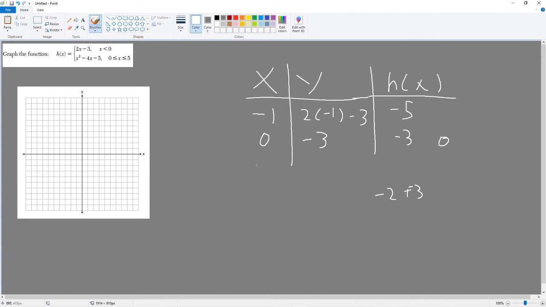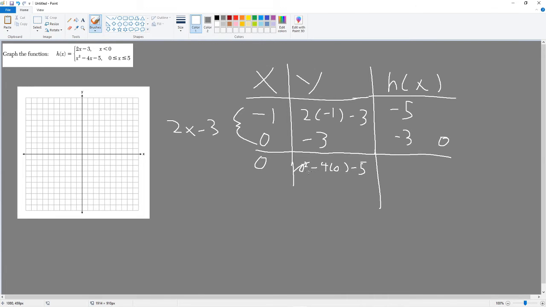Let's see, h of x from 0 to 5. So remember, this is for 2x minus 3, and this is for x squared minus 4x minus 5. So when x is 0, you've got 0 squared minus 4 times 0 minus 5.